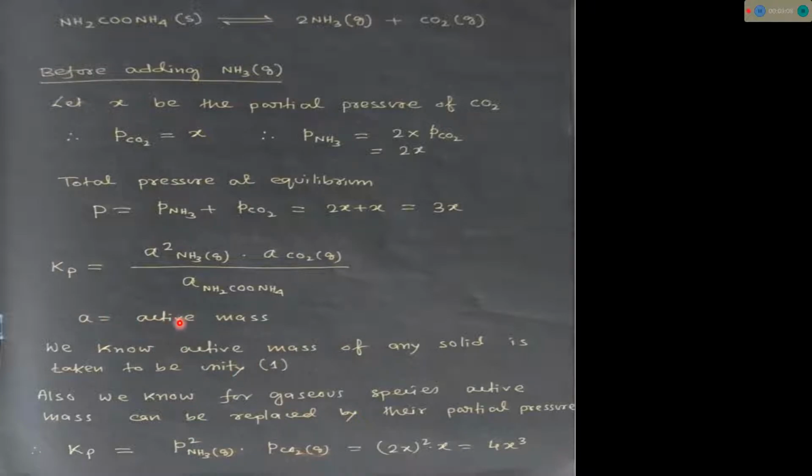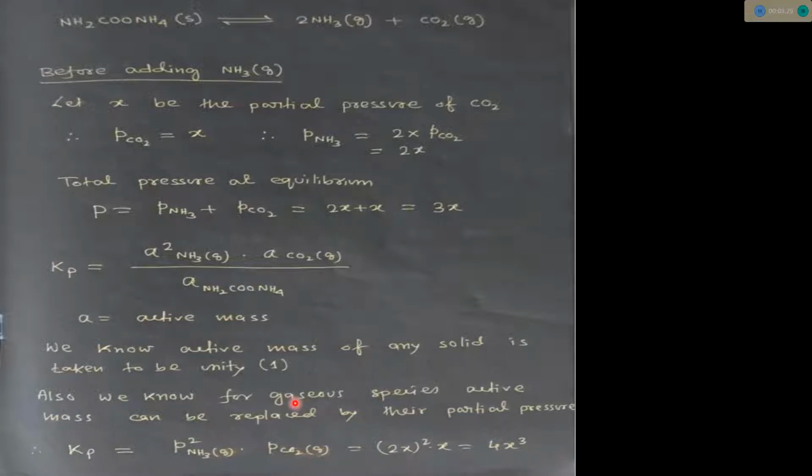We all know the active mass or activity of any solid is taken to be unity, means 1. And for gaseous species, active mass can be replaced by partial pressure.